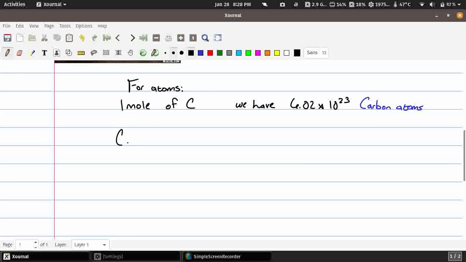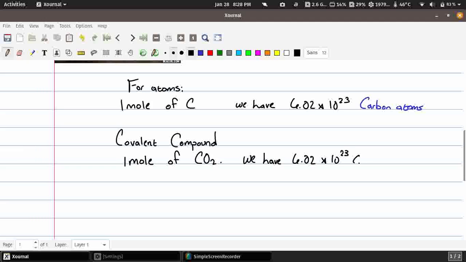So let's say we have a covalent compound. Let's say I have 1 mole of carbon dioxide. We now have 6.02 times 10 to the 23 CO2. And then, here, let me do this one in red. So let's change this. CO2 molecules.